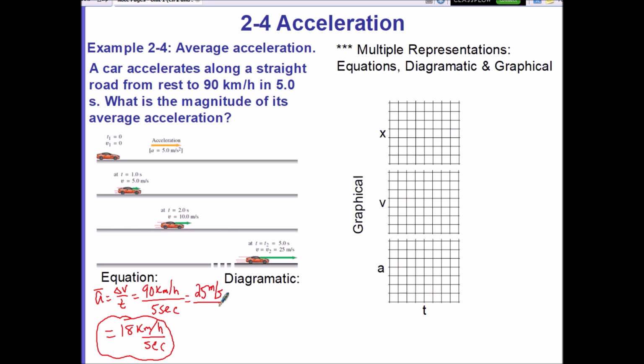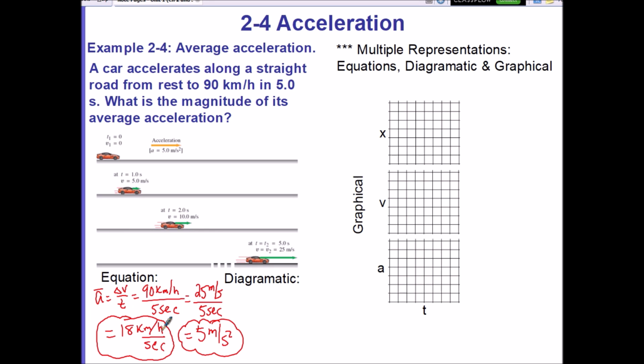So a little bit of a double conversion there. 25 meters per second change within 5 seconds means that is an acceleration of 5 meters per second squared. I'm going to drop my significant figures there for a second. Both of these are acceptable ways of presenting that.